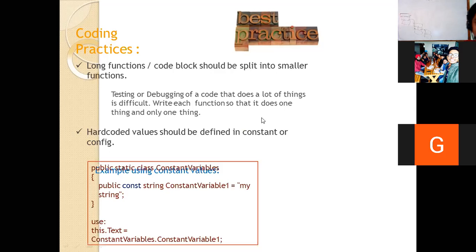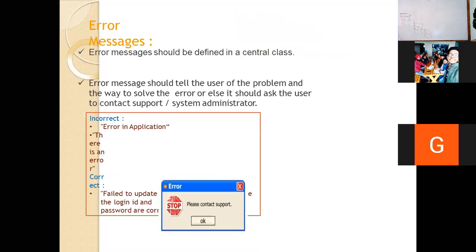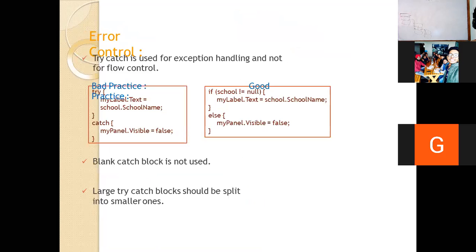Hard coded values should be defined in a constant or in config. This is an example in the Pascal language. Error messages should be defined in a central class. These are examples of how we can see bad practice and good practice of writing code. Try catch is used for exception handling and not for control flow. So you can use try and catch for exception handling and not for control flow.